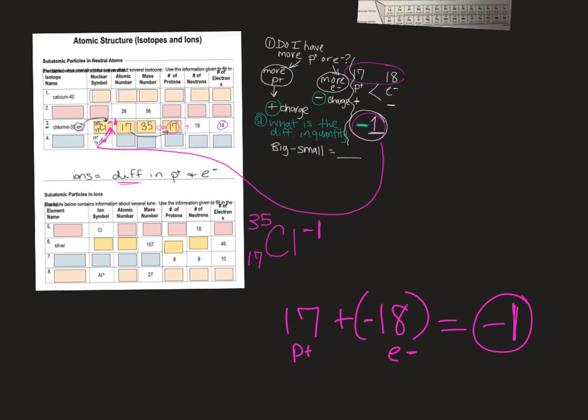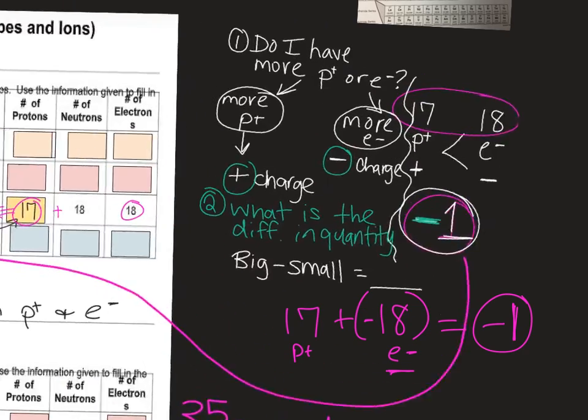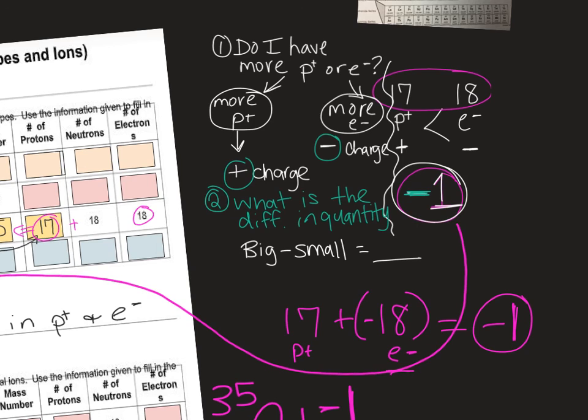So you can do it that way as well. And it still works for the ones on this bottom table. You're plugging in X for the number of electrons to figure it out. So you can use algebra. There's nothing wrong with that, but I do recommend the first way that I just showed you, and that way you understand the concept of an ion.